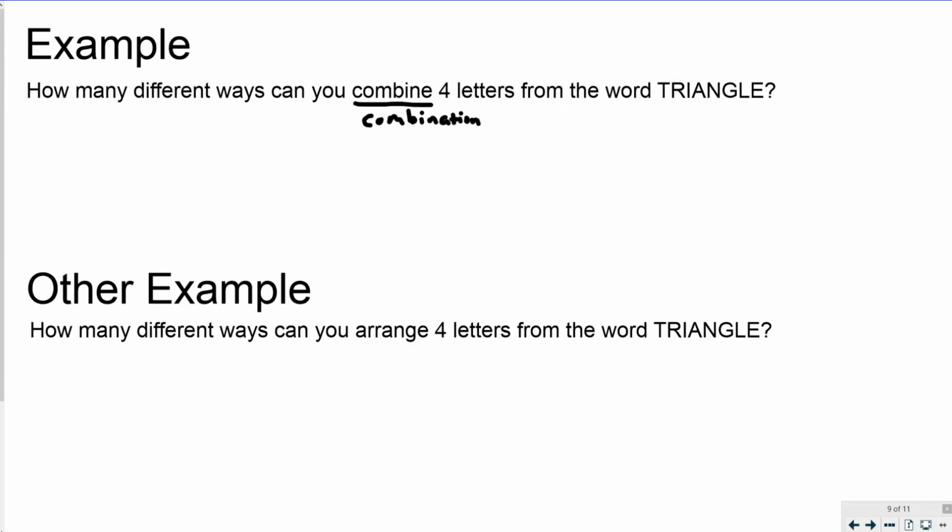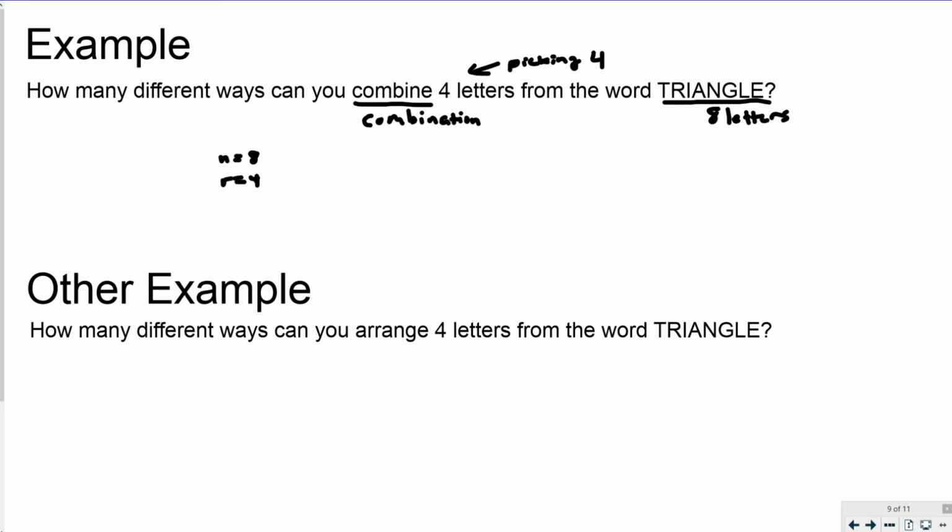In triangle, there are 8 letters, and we are picking 4. So what I will do is say that n equals 8, r equals 4.